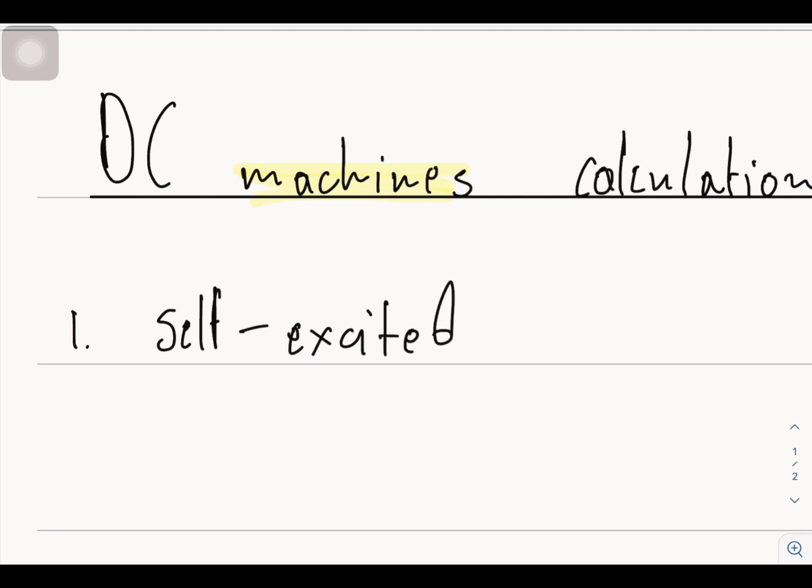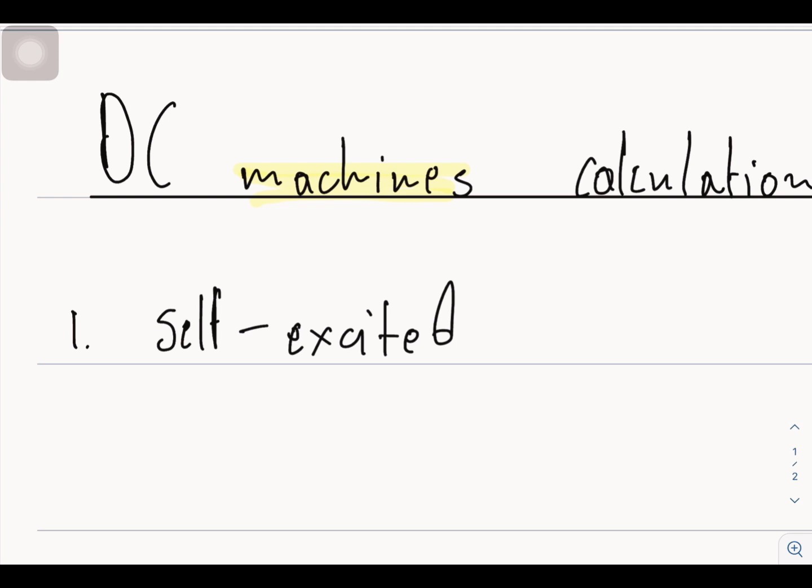Self-excited simply means that the electricity of the armature and the field winding is the same.